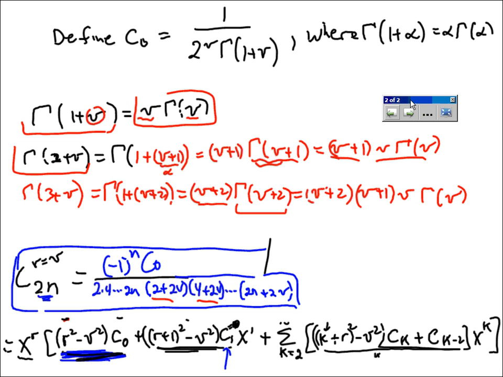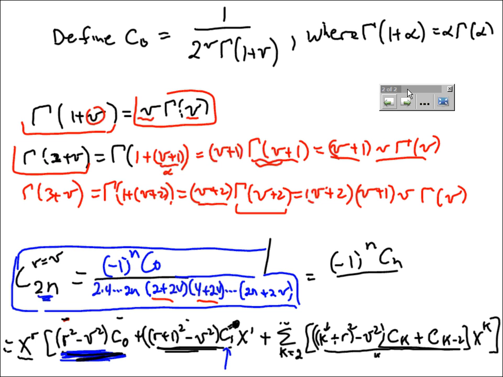What we can do more in the bottom is the following. We have negative 1 to the n, c to the n. Now, I can pull out a 2 from here n times. After all, it's 2 times 1, 2 times 2, 2 times 3, all the way up to 2 times n.